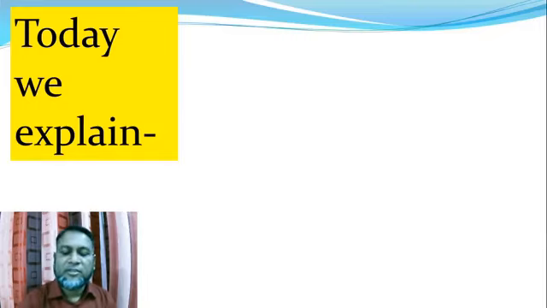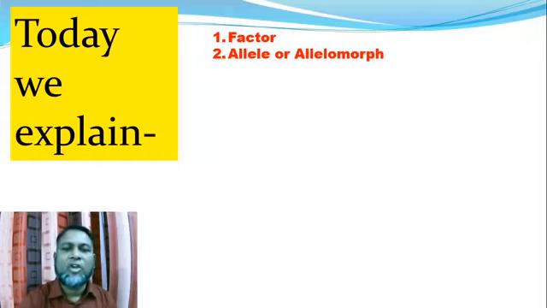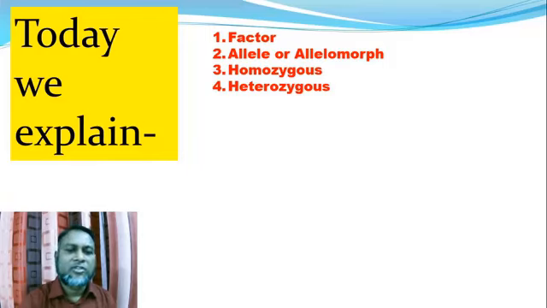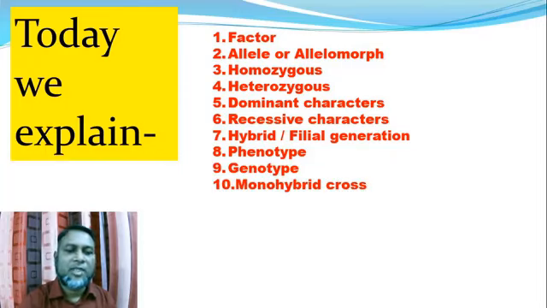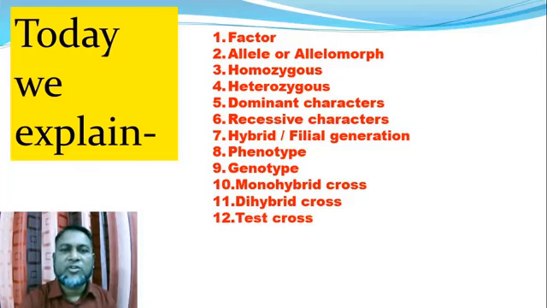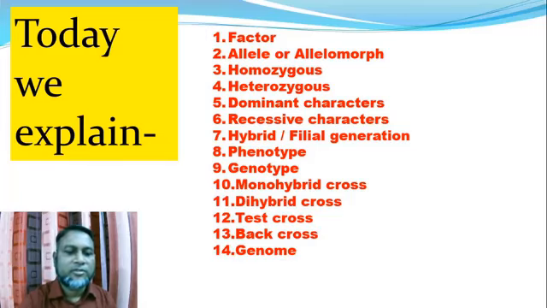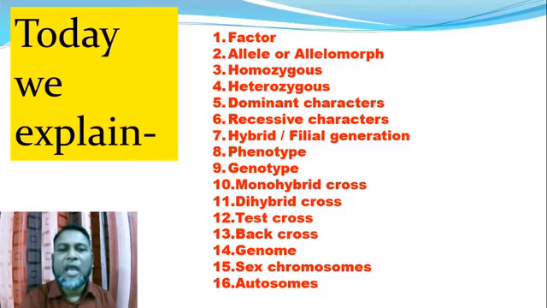Today we explain one factor, allele or allelomorph, homozygous, heterozygous, dominant characters, recessive characters, hybrid or filial generation, phenotype, genotype, monohybrid cross, dihybrid cross, test cross, back cross, genome, sex chromosome, and autosome.